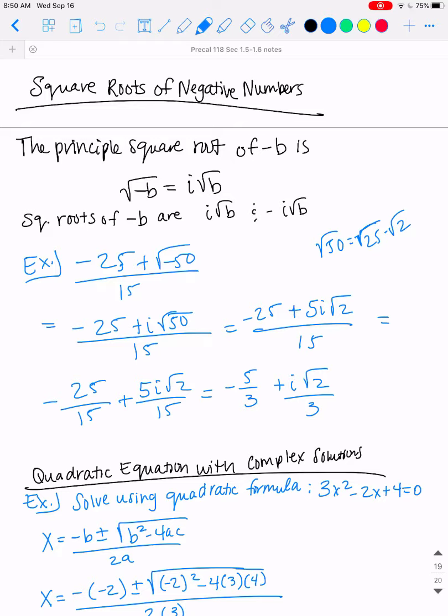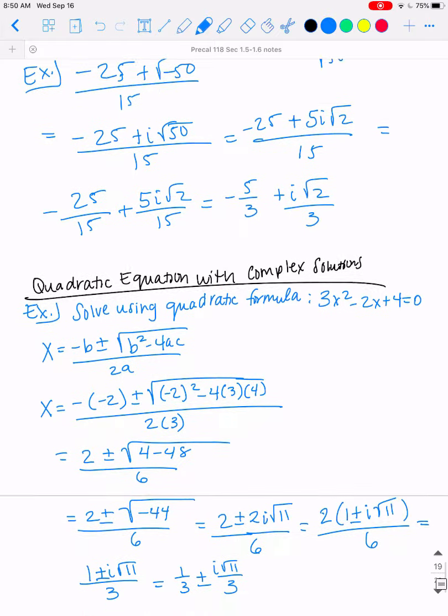So we have 5i square root 2 over 15. And then we could factor out the 5 from the top or split the fraction. I just went ahead and split the fraction first. So I did negative 25 over 15 plus 5i square root 2 over 15. And then that simplifies to negative 5 over 3 plus i square root 2 over 3.